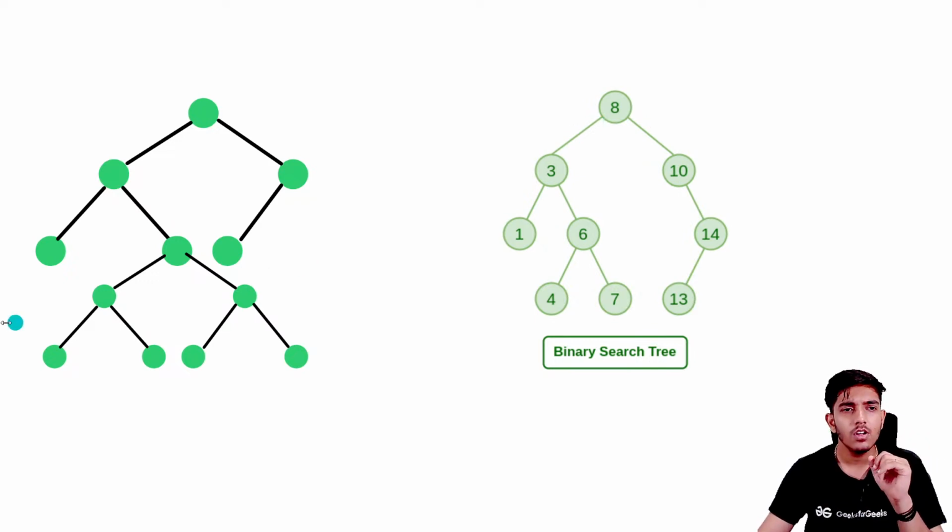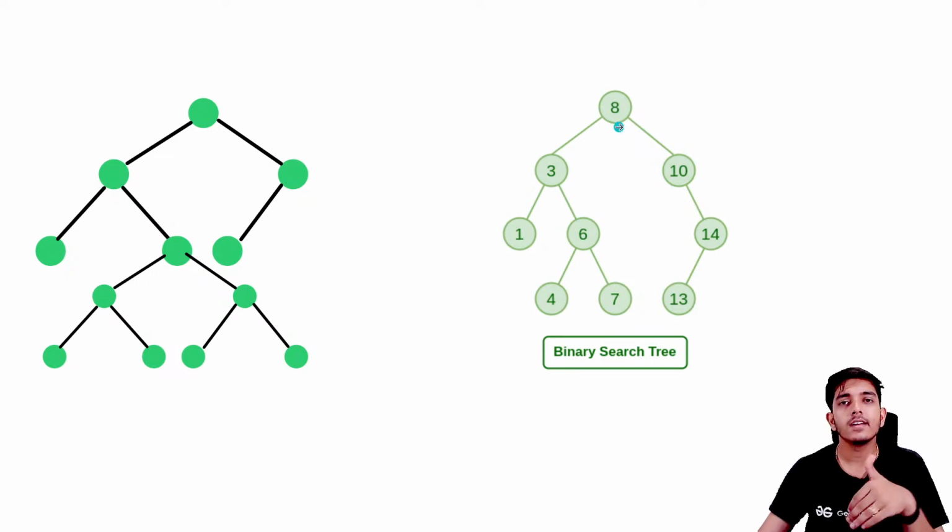Very basic definition. The left subtree will always be smaller than the parent, and the right subtree will always be greater than the parent. So again, if I talk about this, you can see that it's something like this.